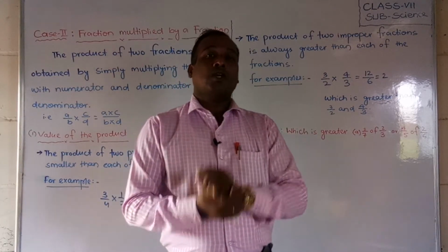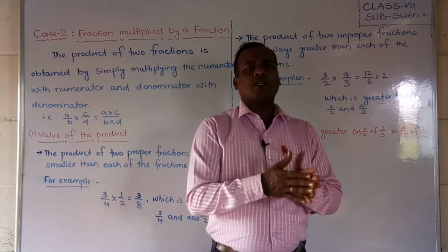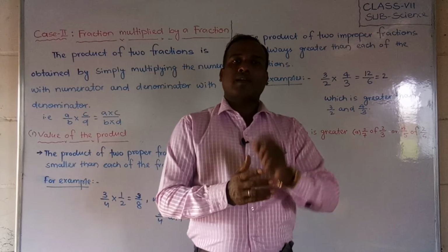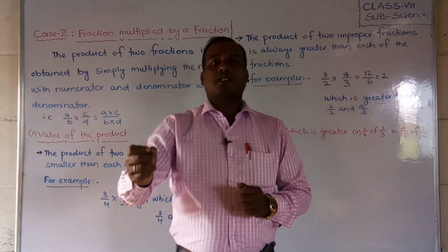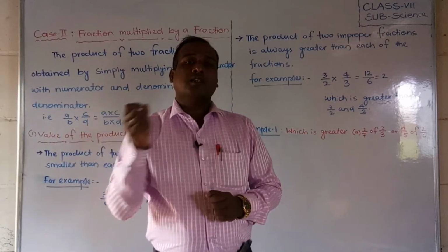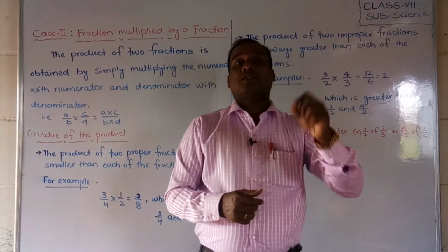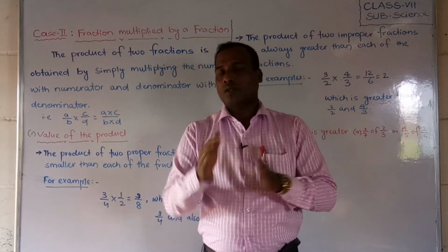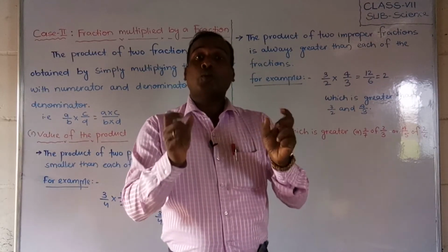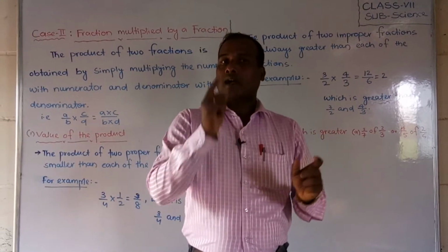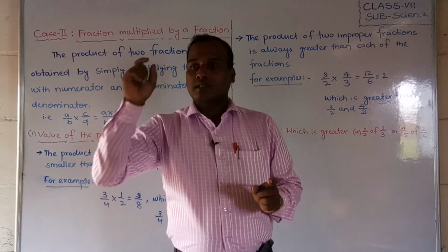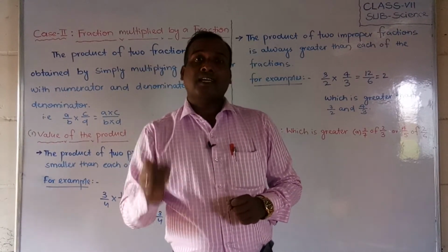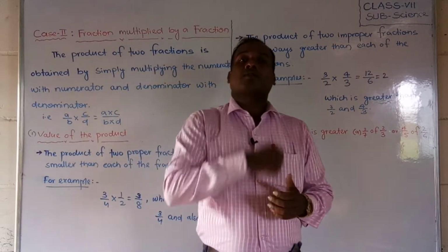Just remember, students, whenever we multiply two proper fractions, the result is smaller than each of the fractions. Once again I will repeat: when we multiply two proper fractions, the product is smaller than each of the fractions.